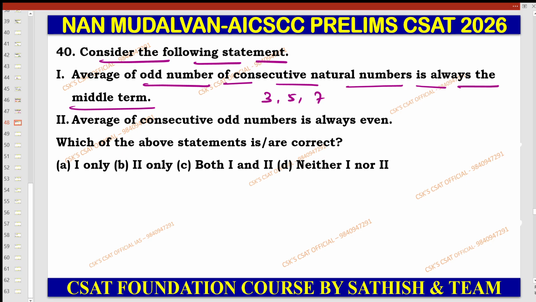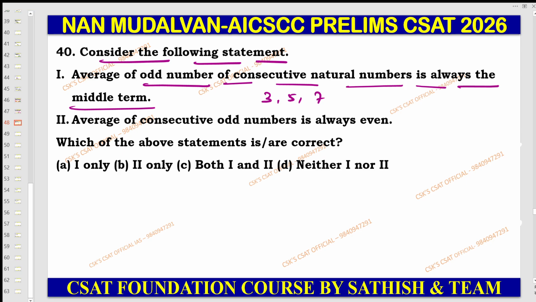Simple one you take. Let's take any 1, 2, 3. If you take 1, 2, 3, what would happen? 6. What is the average? 6 by 3, 2. 2 is nothing but what? Middle term. Understood? Middle term.